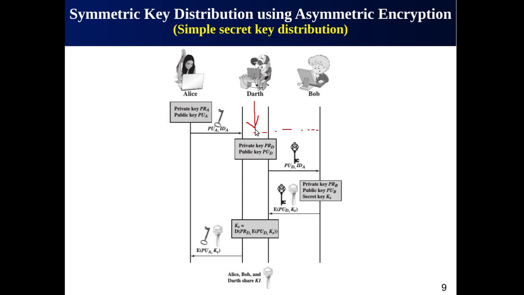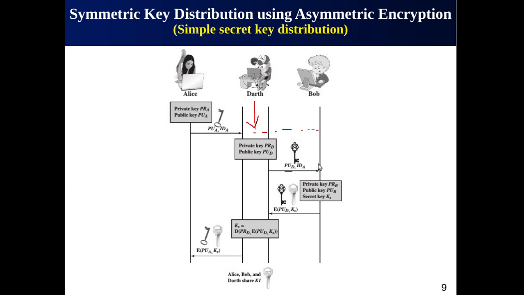So he or she generates a pair of keys and then will transmit this towards Bob. You see, now Bob will receive a public key and ID. But if you pay attention, this public key is not Alice's public key. It is Dirt's public key. But the identity is of Alice. So we actually changed the contents of the message after intercepting it.